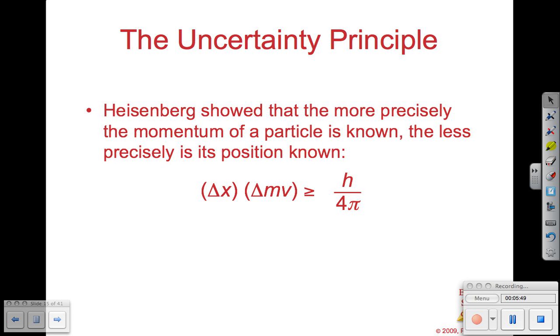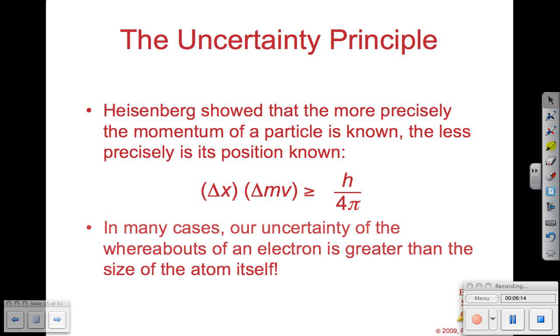Another aspect of this behavior, this particle nature of electrons, is the Heisenberg uncertainty principle. So Heisenberg showed that the more precisely we can determine the momentum of a particle, specifically electrons, the less we can know about where it is positioned around the nucleus. So that's this relationship here defined in this equation.